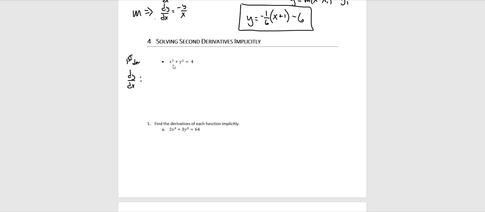All right. So I take the derivative of x squared. That's 2x. I take the derivative of y squared. Remember, y is an inside function. So I take the derivative of the outside, leave the inside alone, and multiply by the derivative of the inside. And to solve for dy dx, I'm going to skip a step here.